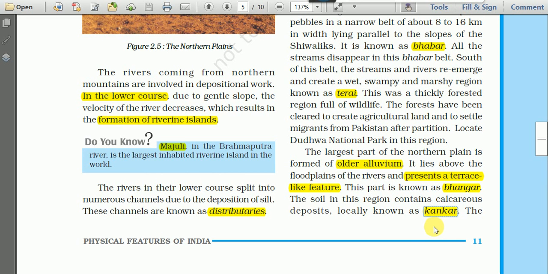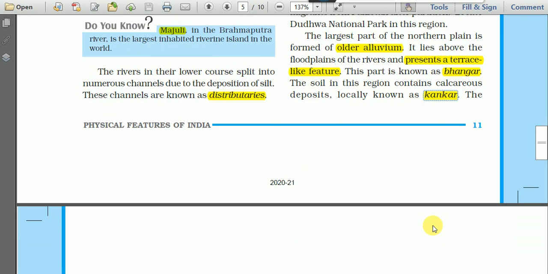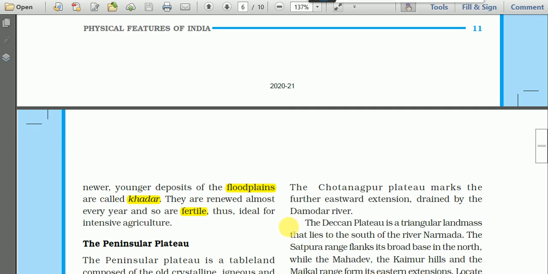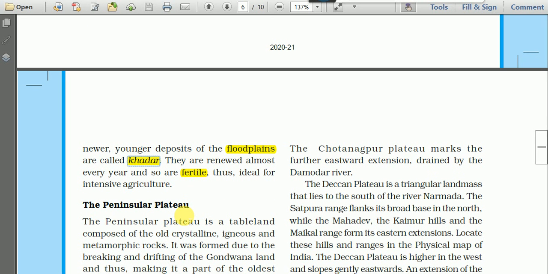These grains of calcium carbonate, locally known as kankar, are present in this older alluvium known as bhangar. And the newer alluvium, the newer younger deposits of the floodplain, are called khadar, and they are renewed almost every year, and so are fertile and thus ideal for intensive agriculture.